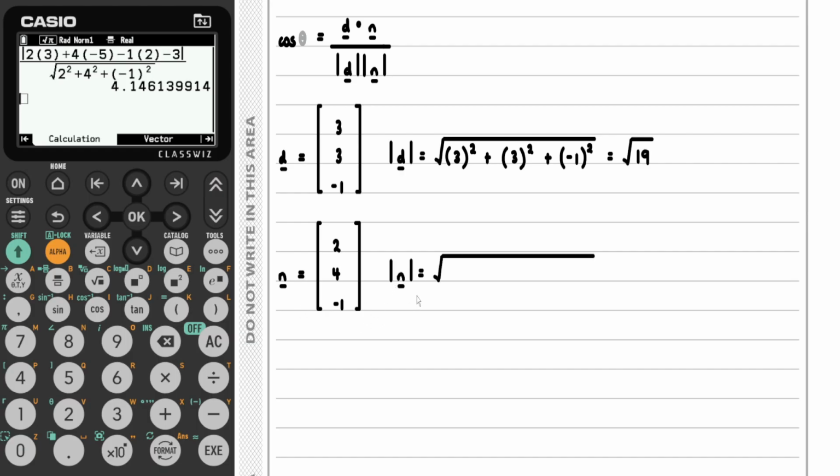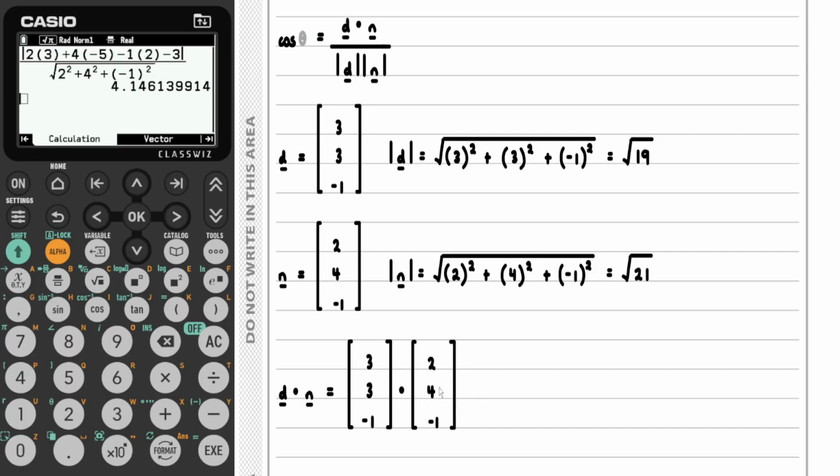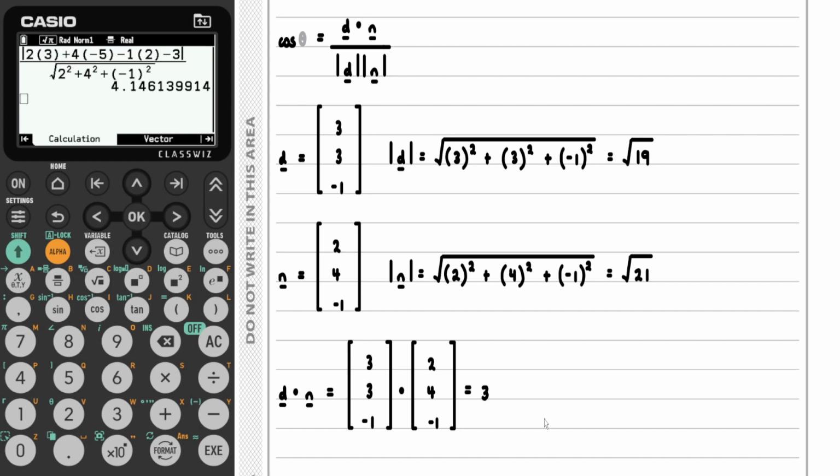That's equal to the square root of 2 squared plus 4 squared plus negative 1 squared, which is root 21. We can now work out what d dot n is. So we've got (3, 3, negative 1) dot (2, 4, negative 1). We've got 3 times 2 plus 3 times 4 plus negative 1 times negative 1, and it turns out we get 19.